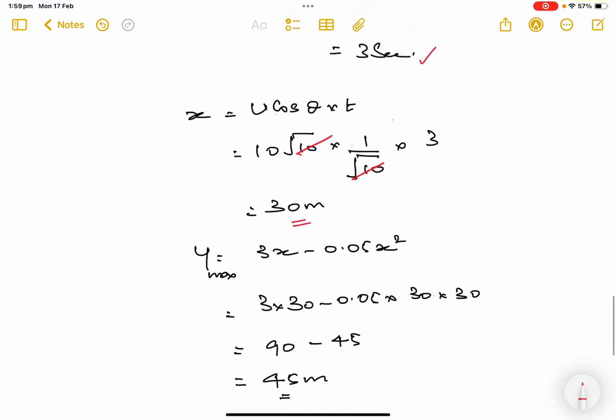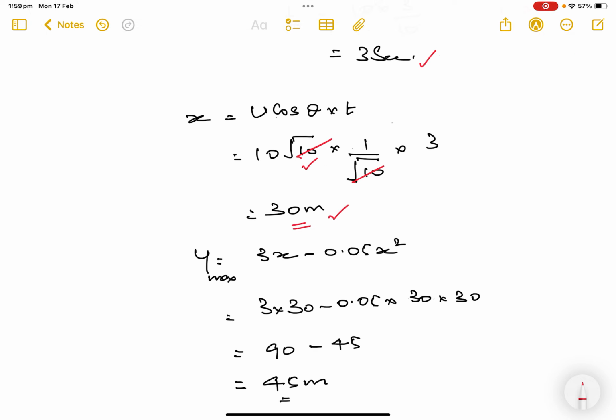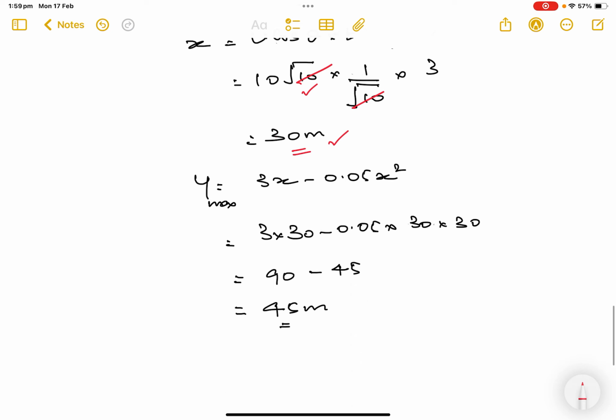So x is the horizontal distance in the time, 3 seconds. So how far it reached horizontally in 3 seconds. So x equals u cos theta t, u is 10 root 10, and cos theta equals 1 over root 10, and 3. Root 10 cancels out. That would be 30 meters for x, but we don't need that x, we want y.